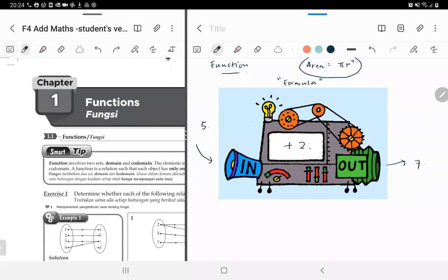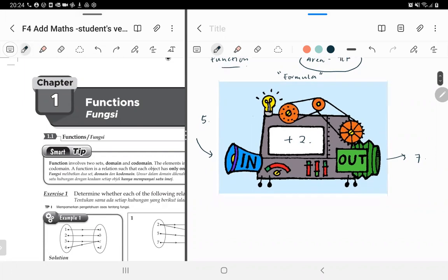Every time you do the same process, that we call a function. So the very important elements here are that we have an input, we have a formula, and we have an output. These 3 items will form a function.